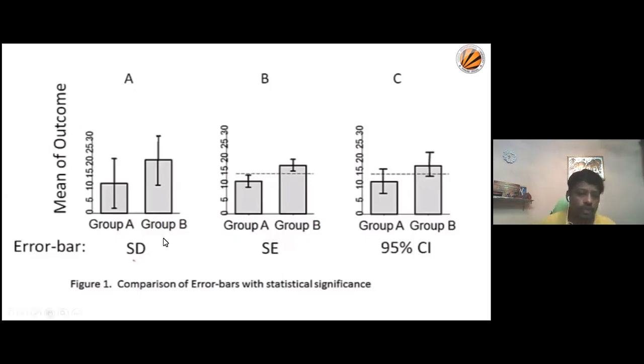So this is not going to add any value if you just put the standard deviations when you're comparing between two groups. So when you're comparing between the two groups, we must not use standard deviations here, right? Okay. Second one, they use the error bar as a standard error, right?